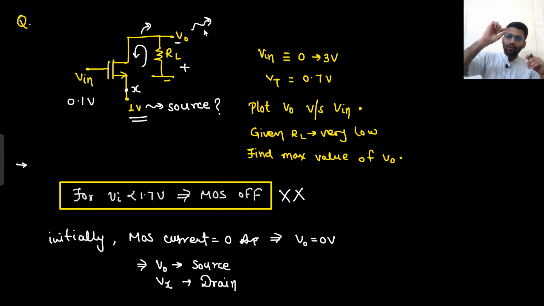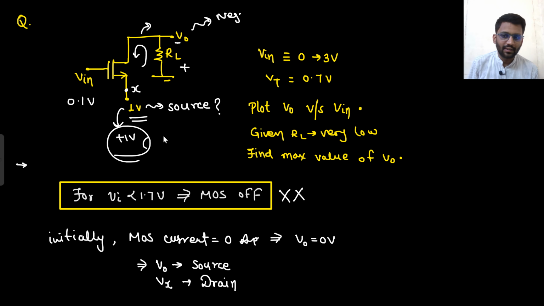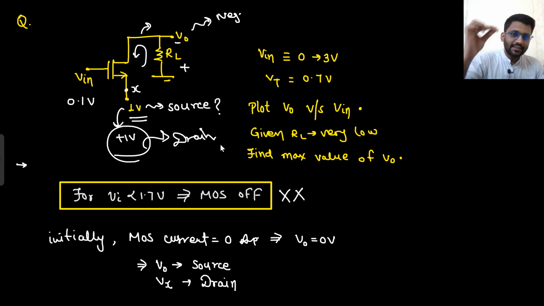If someday your potential X becomes source, then the current will flow in this direction. The voltage at V0 will be negative. So here you are having negative and here you are having 1 volt. Which one is higher? This one is higher. Can this be source? No, drain. So the potential X can never be source. What did I do? I assumed that potential X is source.